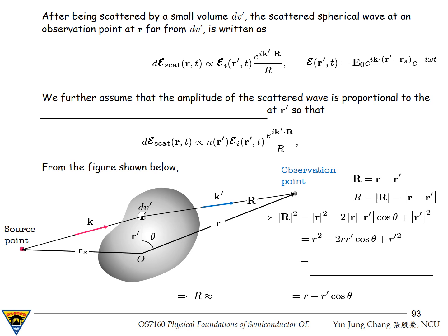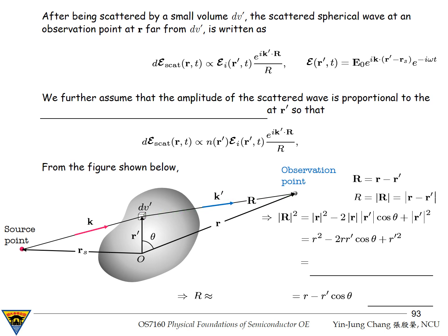The scattered wave emitted from this small volume propagates outward as a spherical wave, which takes the form of e^(ik prime·R) divided by R, where capital R equals lowercase r minus R prime. As shown in this figure, it is the vector connecting the small volume element dV prime to the observation point.